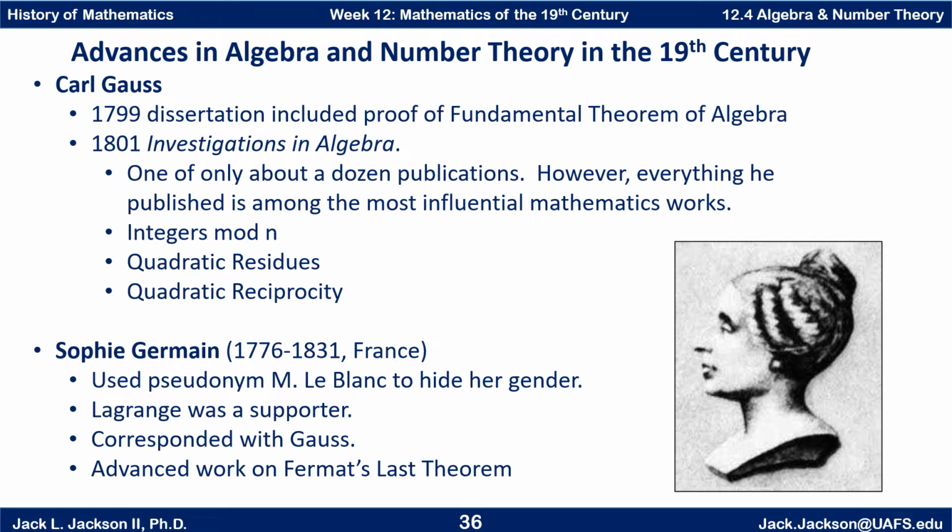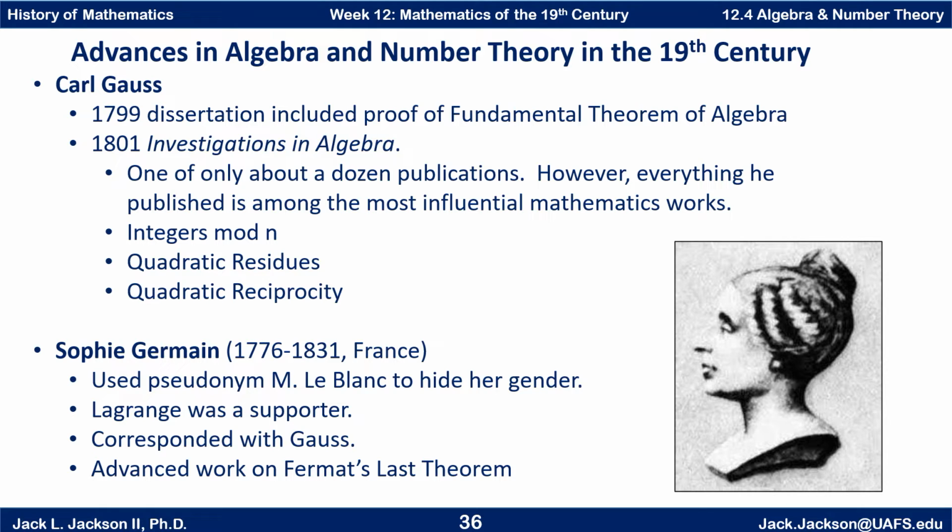Fermat's last theorem. It's interesting that this was a time of the French Revolution, the Napoleonic period, and so she had found out that the French were going to invade Germany. She had heard the story about Archimedes being killed by the Roman soldiers coming in.